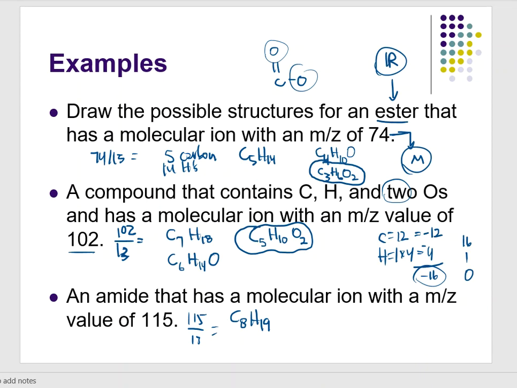Now, what is an amide? Well, an amide is a carbon double bonded to an oxygen that has an NH2 group on it. That's your amide. So you need to make room for an oxygen and you need to make room for a nitrogen. Okay, no big deal. I'm going to make room for my oxygen first.